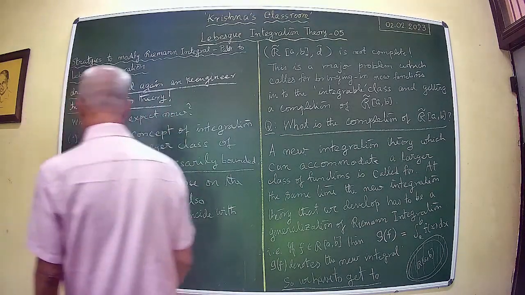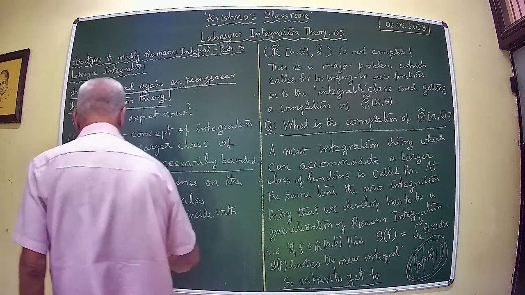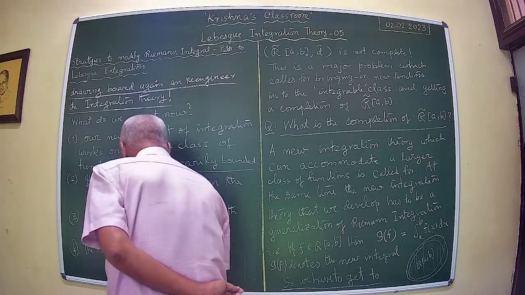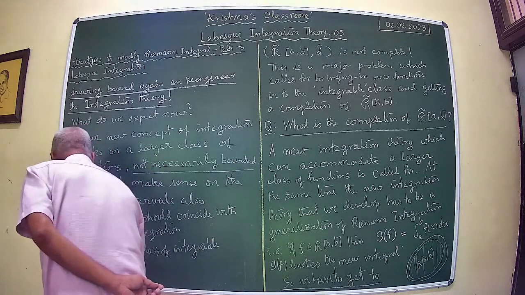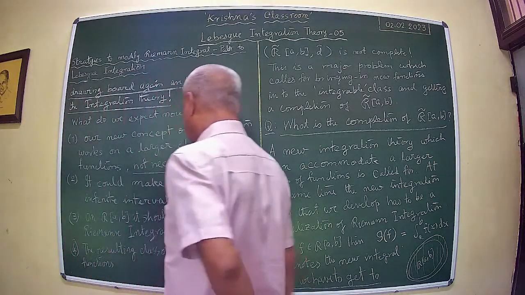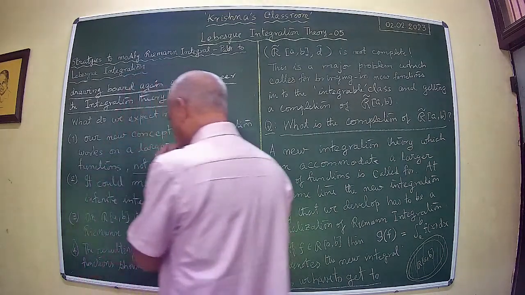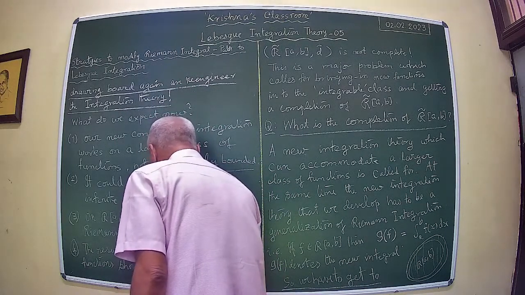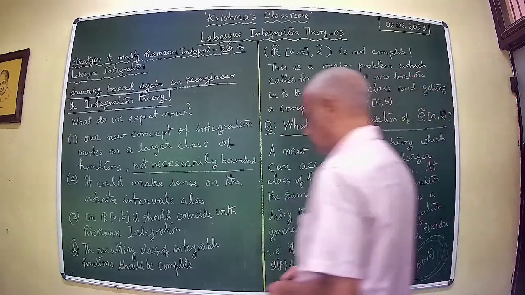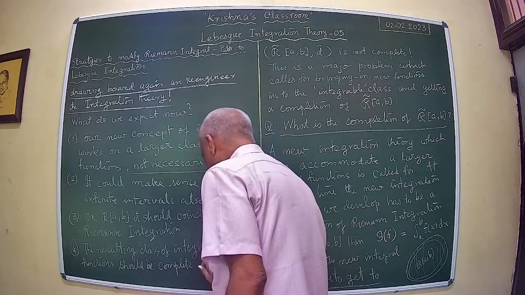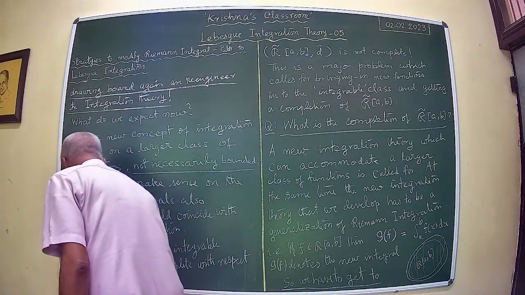For the resulting class of integrable functions, it should be complete in the sense that all Cauchy sequences should converge within the space itself, with respect to the modified metric.